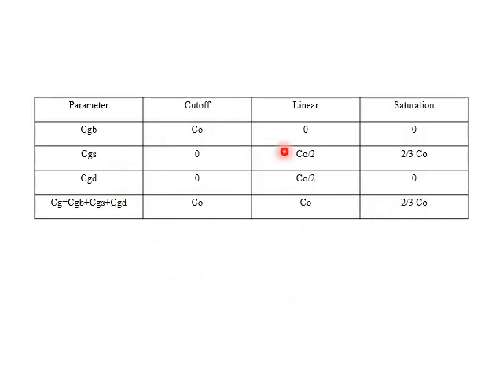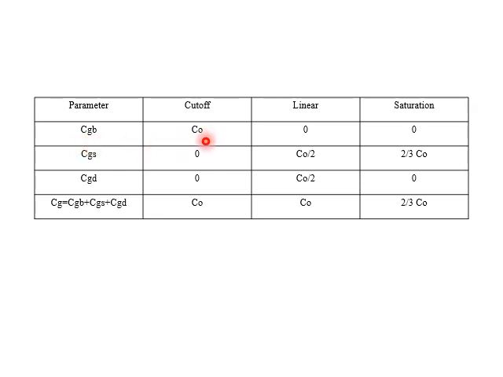Here all the parameters of the three regions, cutoff, linear and saturation, are given. All the values are derived from the three regions. CGB is the gate to body capacitance.